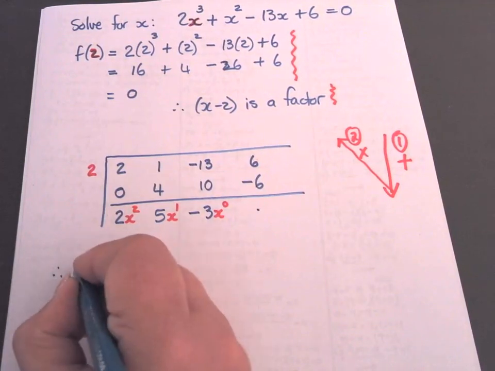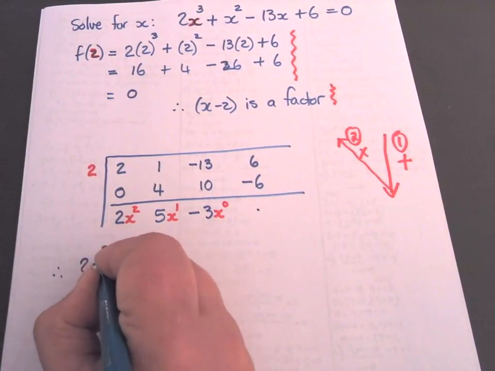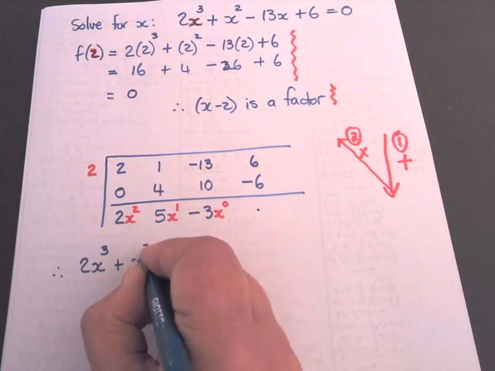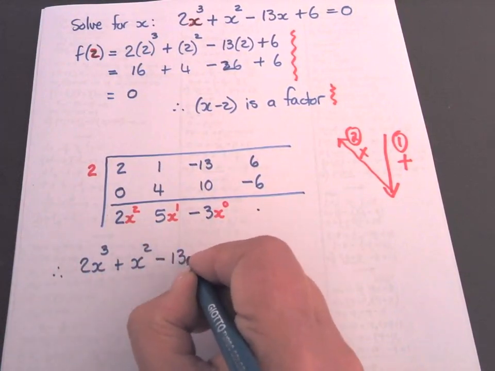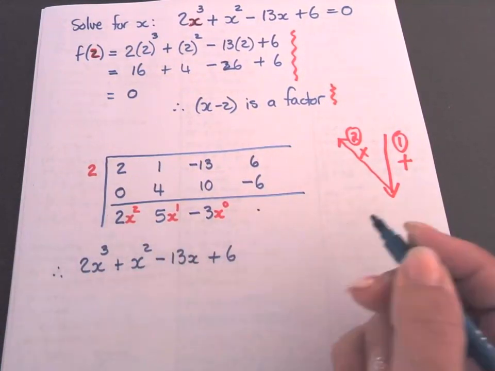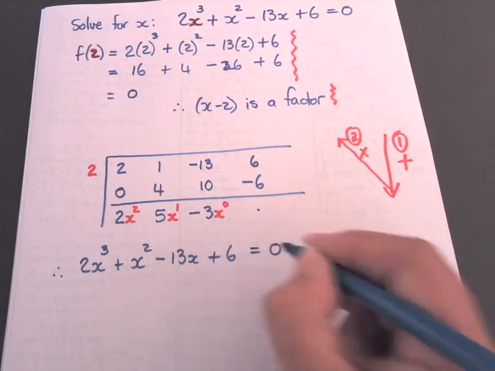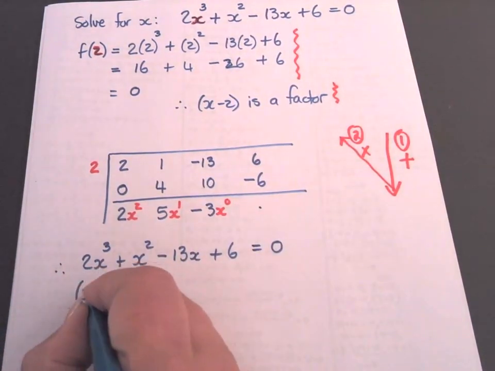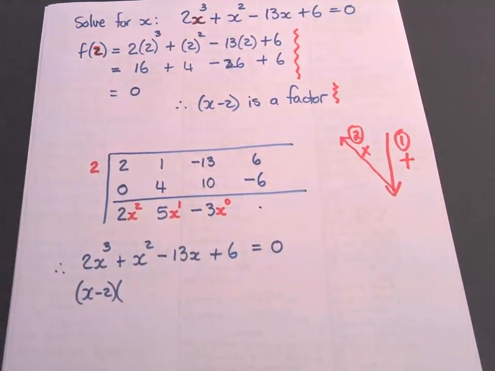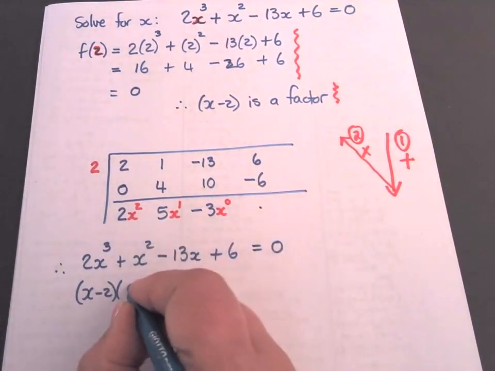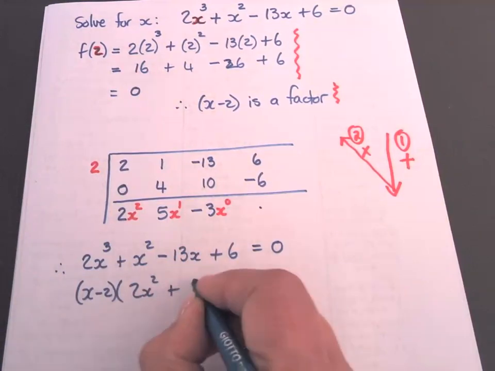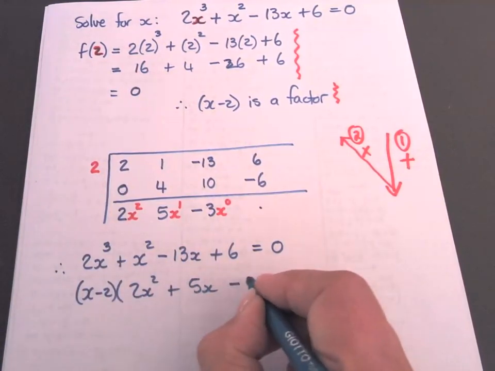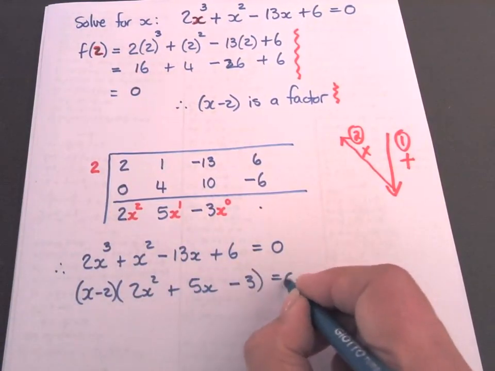Therefore, 2x to the power of 3 plus x squared minus 13x plus 6, which is equal to 0, can be factorized with x minus 2 and then the big bracket 2x squared plus 5x minus 3 equals 0.